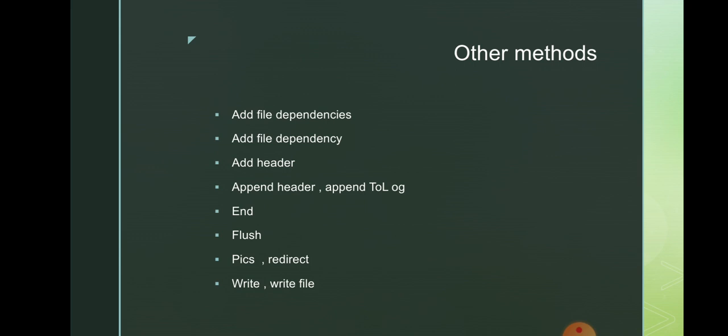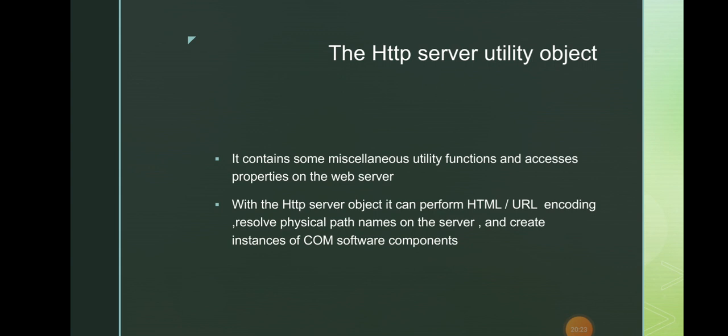Got it, students? Next, we move on to the HTTP server utility object. It contains some miscellaneous utility functions. Utility means some library activities which are made using the utility objects.